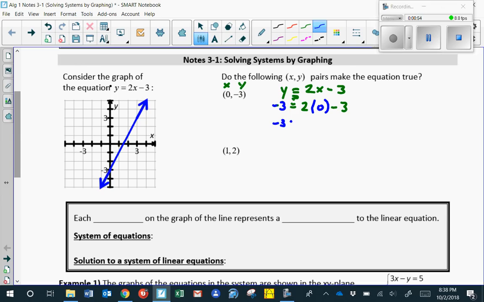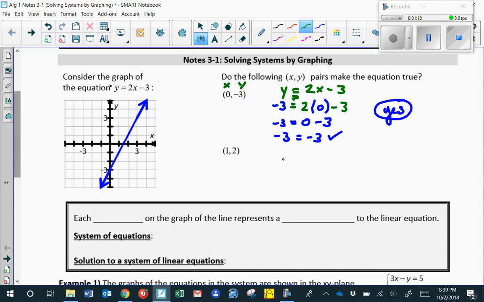The left side is 3, and the right side is 2 times 0, which is 0, minus 3. 0 minus 3 is -3. So no, that is not true, and the answer is no.